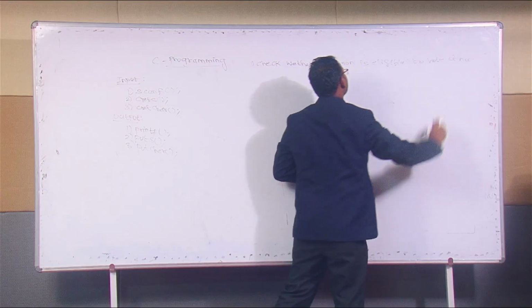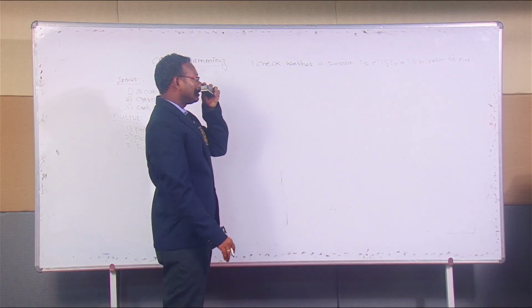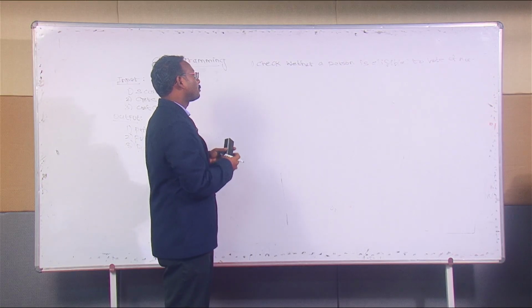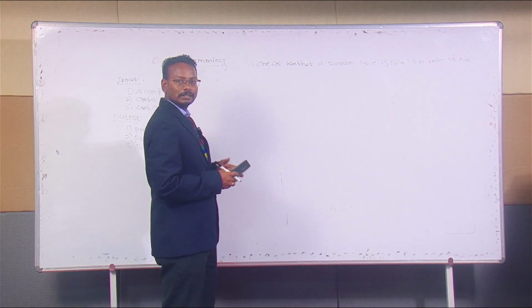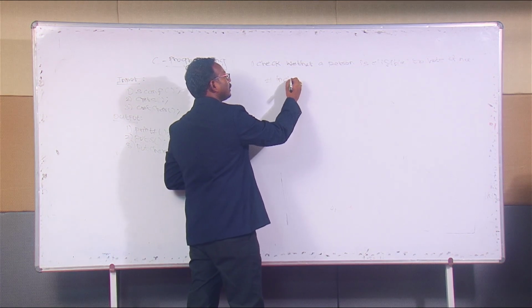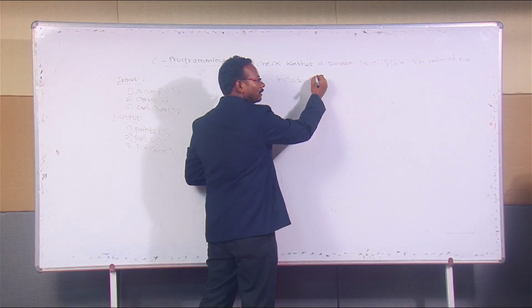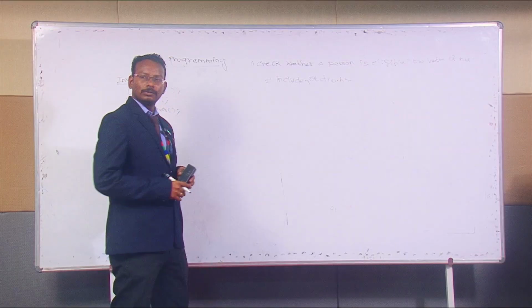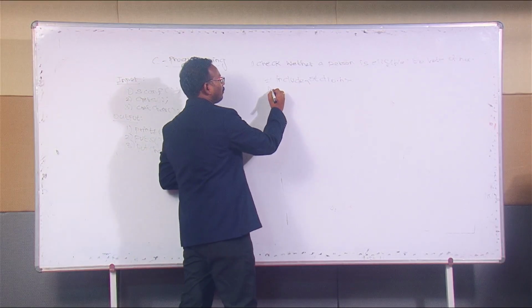This is my program: write a C program to check whether a person is eligible to vote or not. This is a sample example program. How can we write this C program? As we already showed, this is a procedure oriented language. So the first line will be the header file, stdio.h. And the second line will be main.